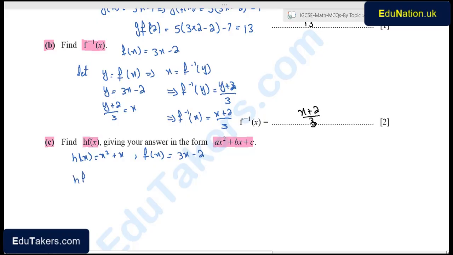Then h of f of x is equal to 3x minus 2 its square plus 3x minus 2.